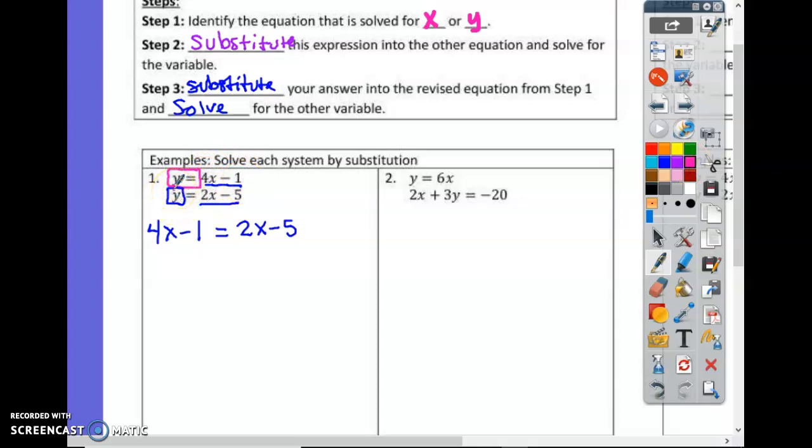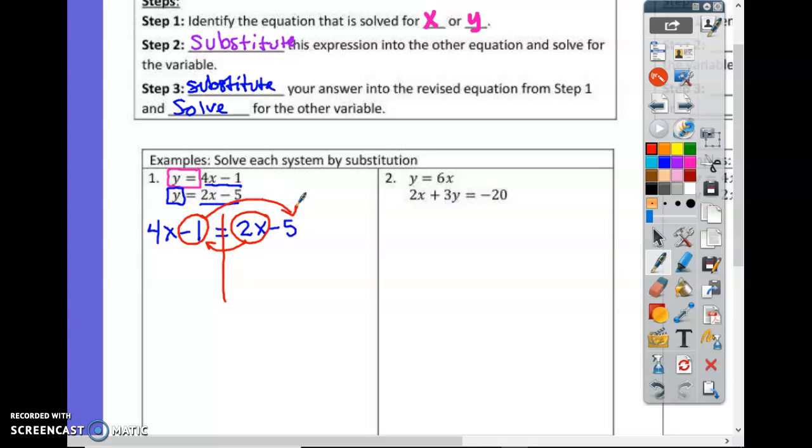Okay? So we're going to solve for x. In order to solve, we have to get the x's on one side and the numbers on the other side. So I'm going to move this x here, change the sign, cambias el signo, and I'm going to put this one on the other side and change the sign.